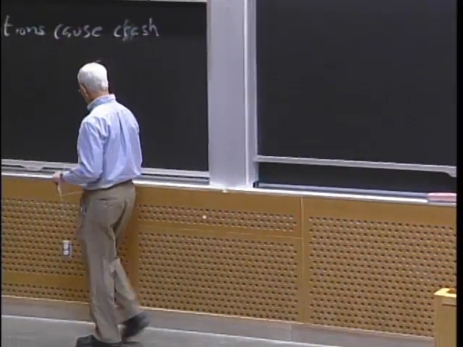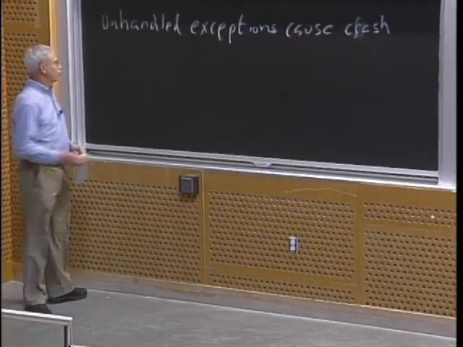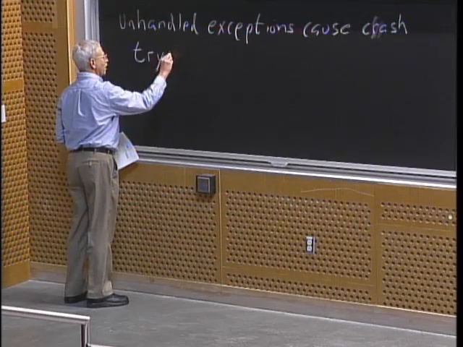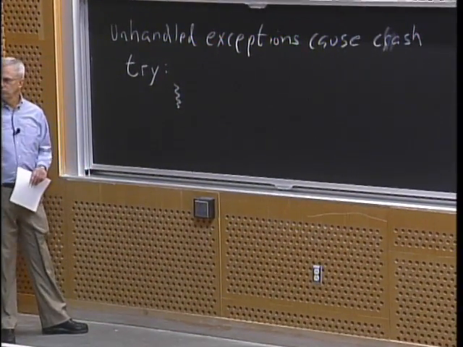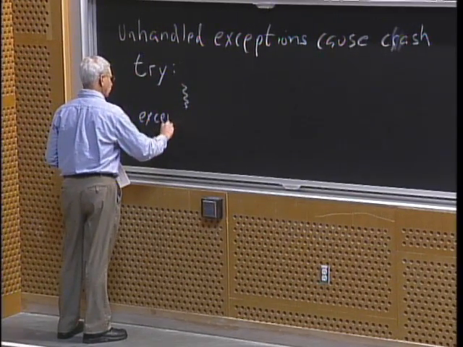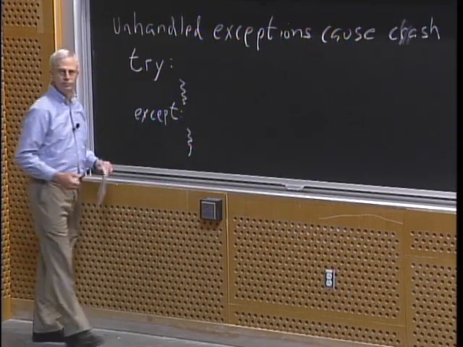The way we use exceptions is in something called a try except block. So you write the word try, and then you have some code, and then except, and then some more code.